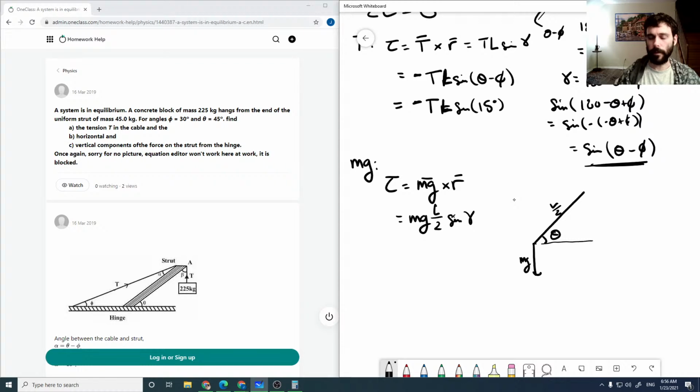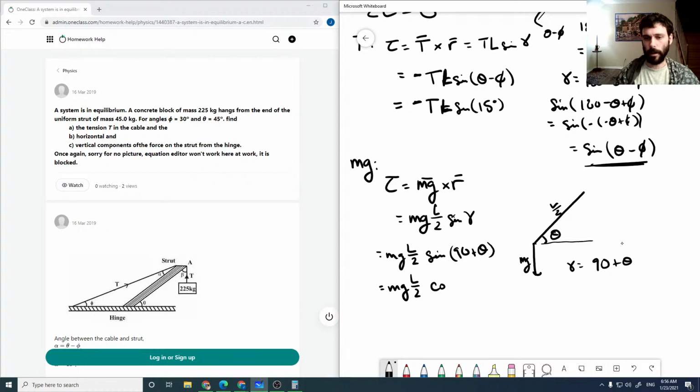And I'm going to use gamma again for this angle because I'm just going to use that for each one of my torques. And we can see that our gamma angle this time is 90 plus theta. So this equals mg L over 2 sine of 90 plus theta, which is just mg L over 2 cos theta.